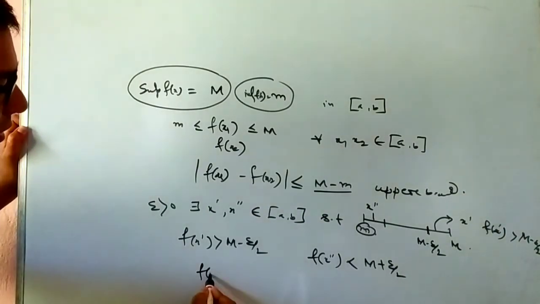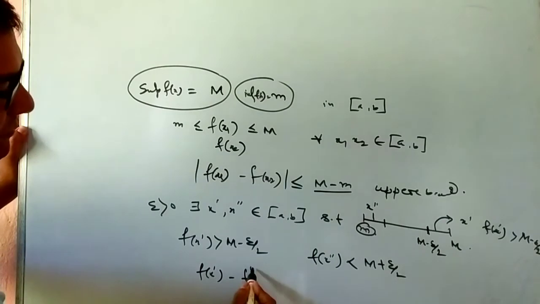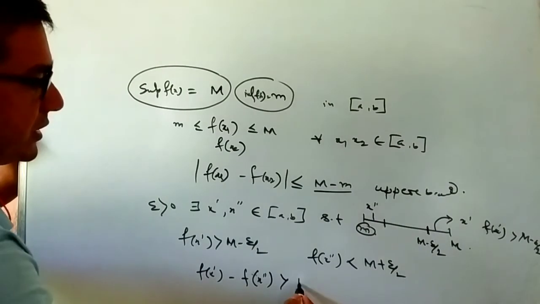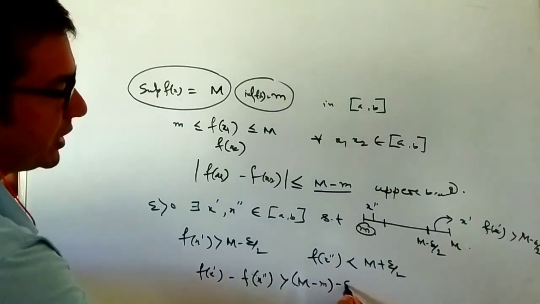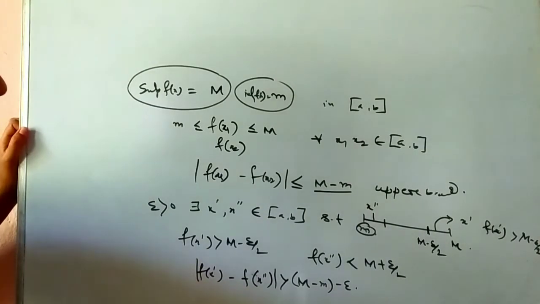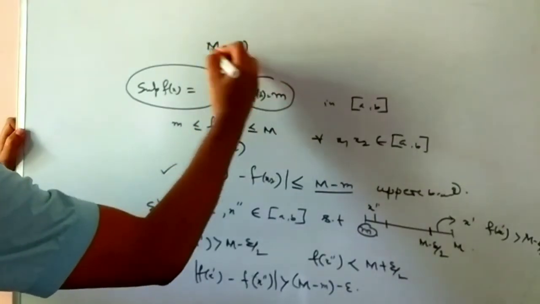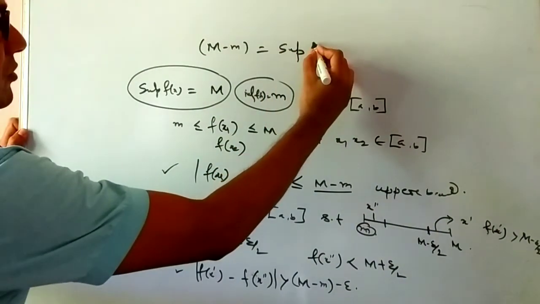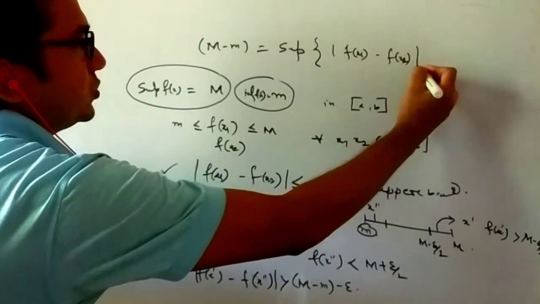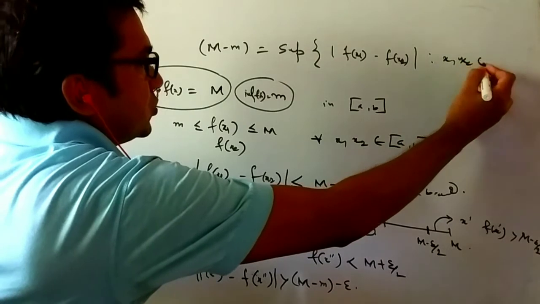Now f(x') - f(x'') is greater than M - m - epsilon. And if we take this, so this is also right. Now from these conditions, we say that M - m equals the supremum of |f(x1) - f(x2)| such that x1, x2 belong to [a,b].